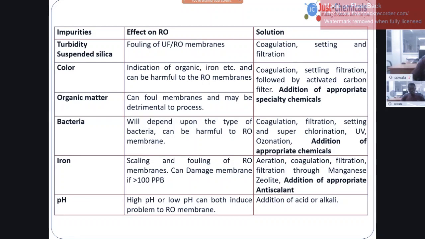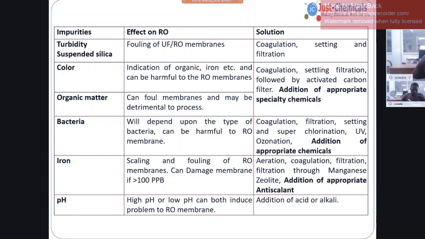This will depend upon the type of bacteria, which can be harmful to RO membranes. And again, coagulation, filtration, settling, that means pre-treatment plays a very important role. And then you can apply ultraviolet rays, UV, high intensity ultraviolet rays, ozonation or superchlorination.